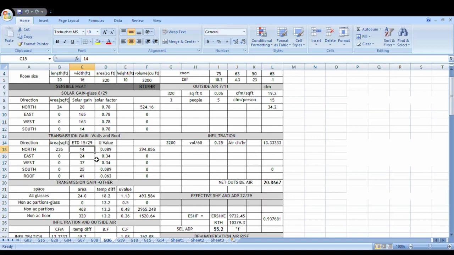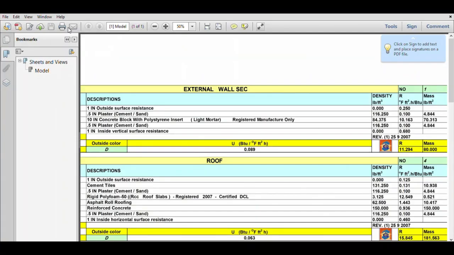Now I will tell you how to take the U value. Actually, you will get the U value from the civil department. Otherwise, we have to take it from the design book. So these are the U values.